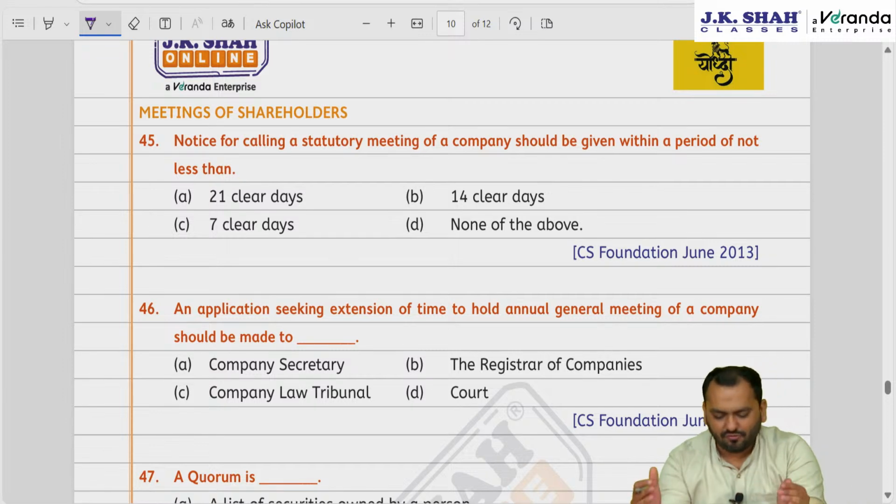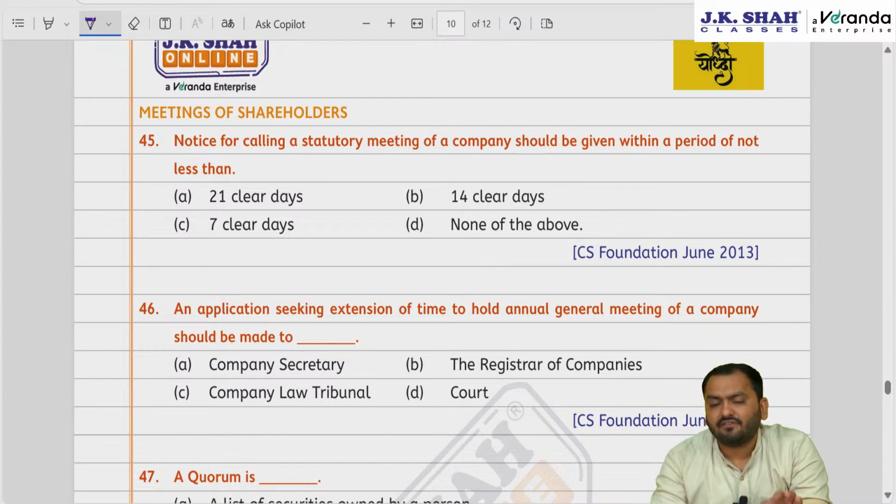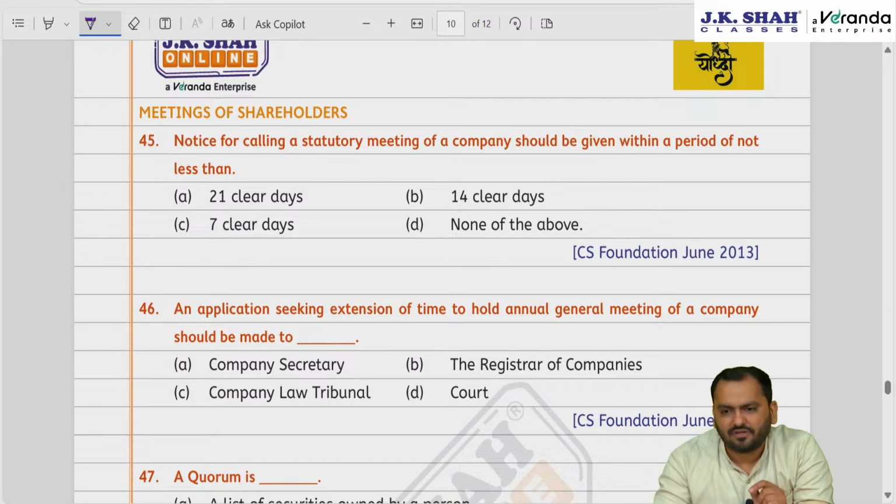You know about meetings, there are two meetings, board meeting and general meeting. To call a board meeting, company is required to give at least 7 days prior notice.